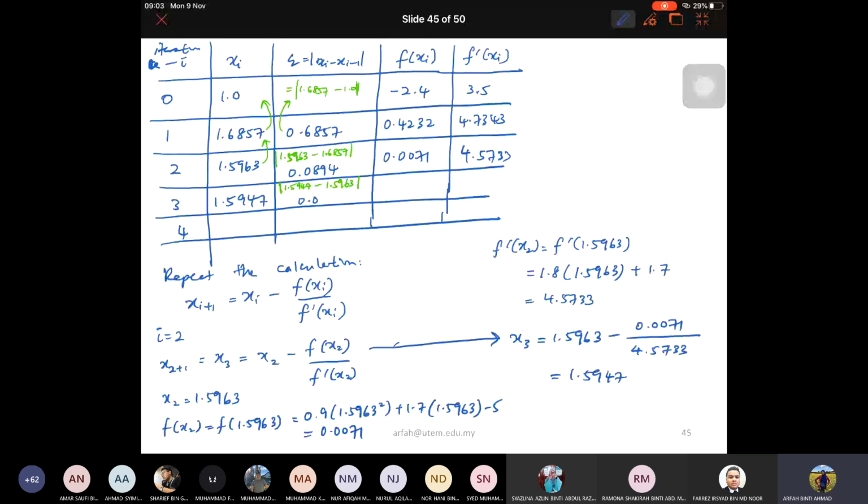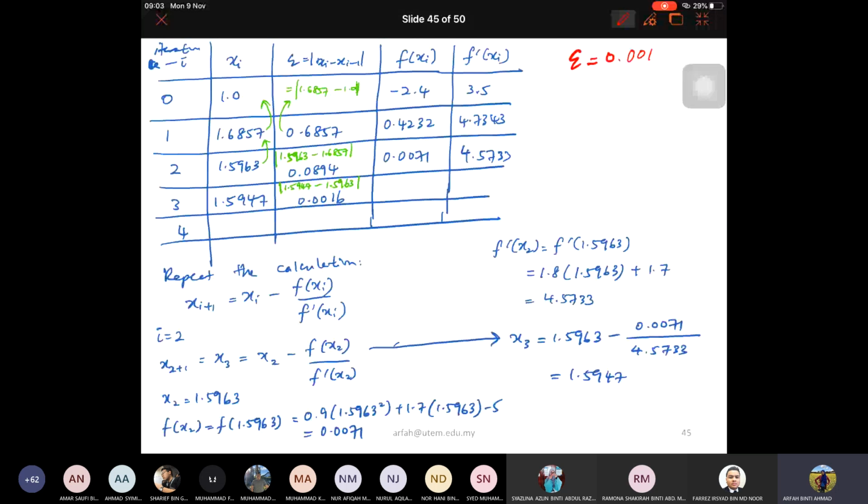So dia suruh berhenti sampai error sama dengan 0.001. Awak dah boleh stop calculation ke belum? For this one. Can you stop the calculation or should you repeat? Repeat lagi sekali. Repeat lagi sekali, okay? Betul. Sebab kalau 0.0016 ni awak bundarkan dia sebenarnya adalah 0.002.